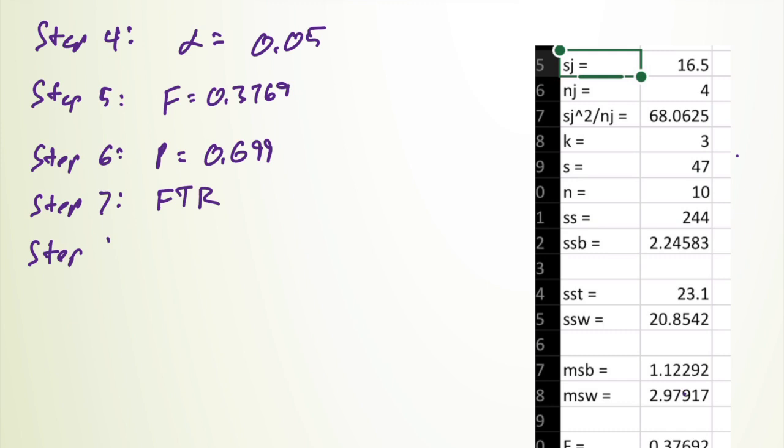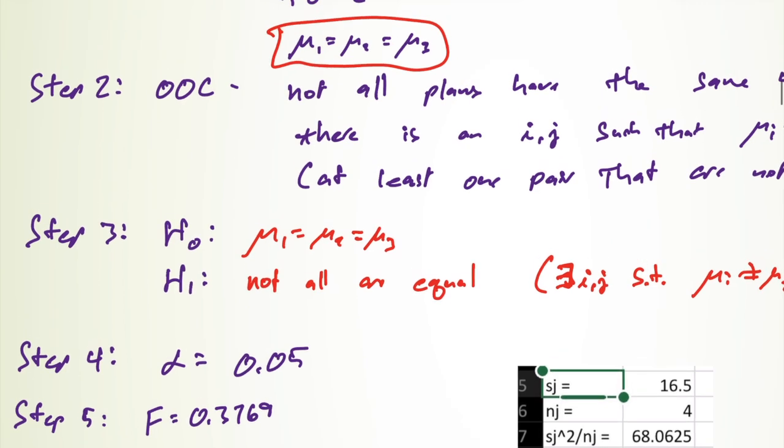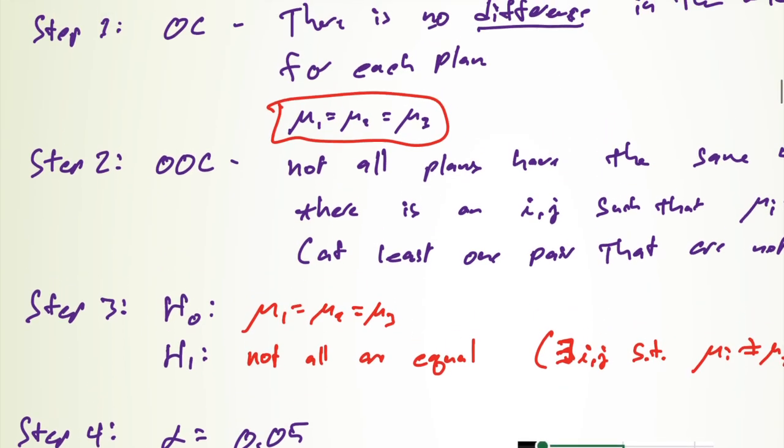And so my step 8 conclusion for this one is there is not sufficient evidence, that's p equals 0.699, to suggest, well, now let's see, was my original claim the null hypothesis?